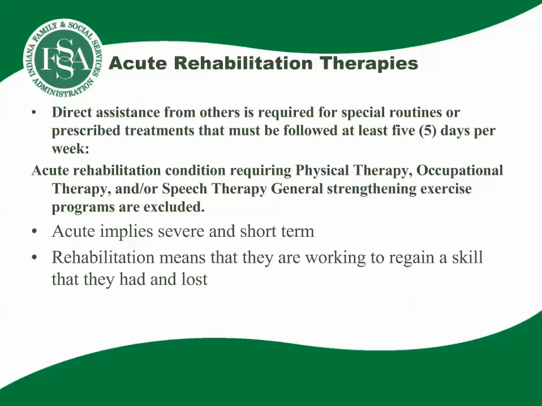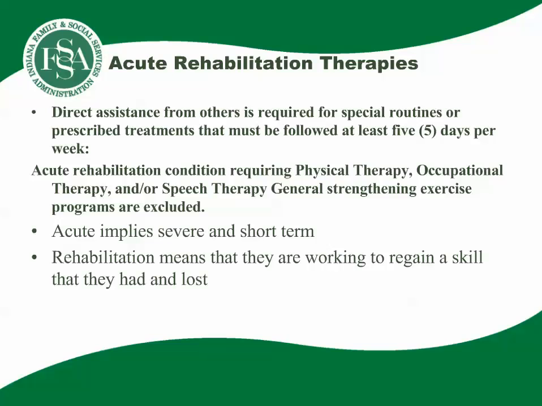Skipping down to acute rehabilitation therapies, this refers to direct assistance from others for special routines or prescribed treatments that must be followed at least 5 days per week. Acute rehabilitation conditions requiring physical therapy, occupational therapy, and/or speech therapy. This does exclude general strengthening exercise programs.